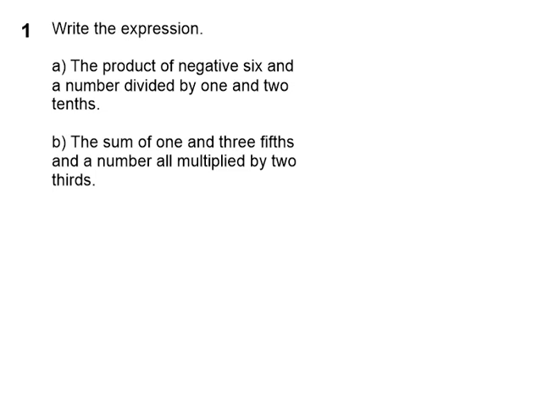Your second question says the sum of 1 and 3/5. So sum this time is the mathematical word for addition. So 1 and 3/5, the sum. So I'm going to add that to a number. So we're going to put x for that number. And then all of this is going to be multiplied by 2/3.